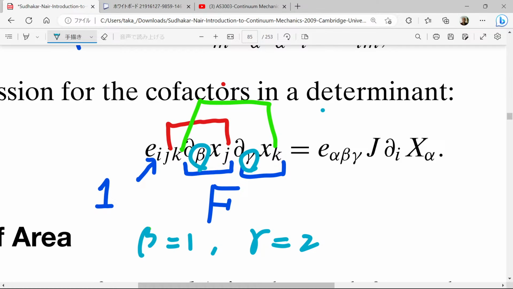I don't know if we can choose, for example, beta equal gamma equal 1. That's a problem.